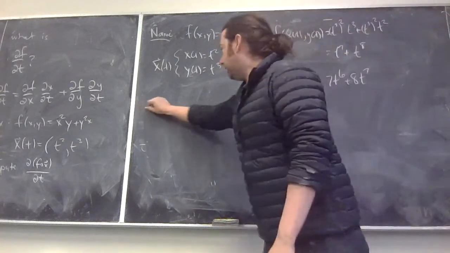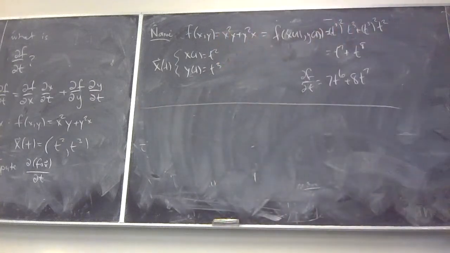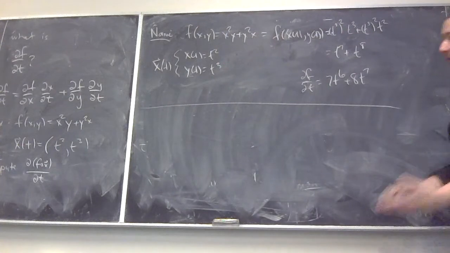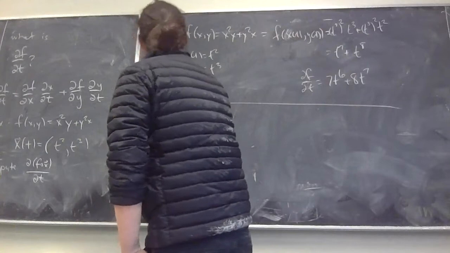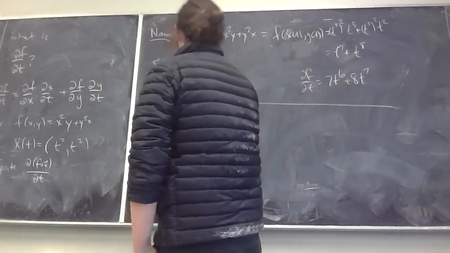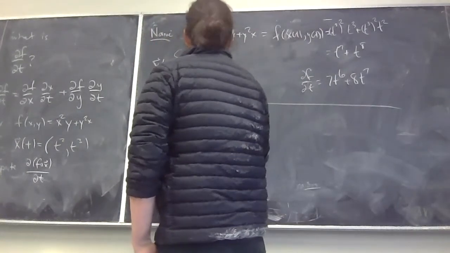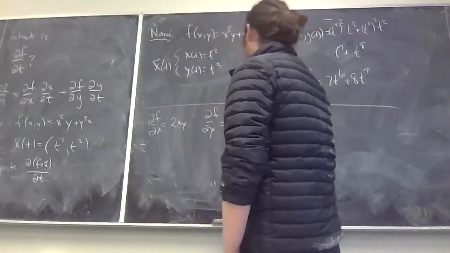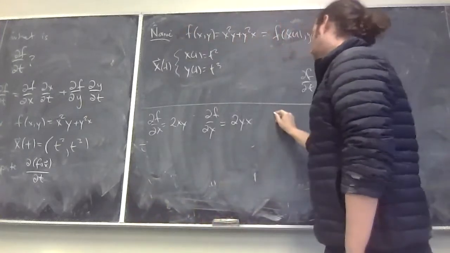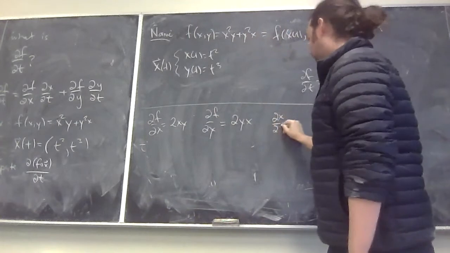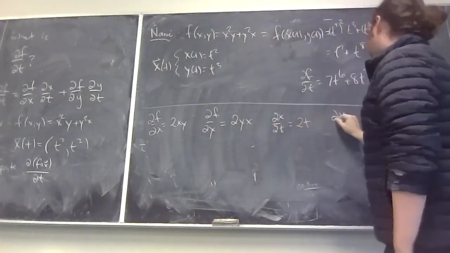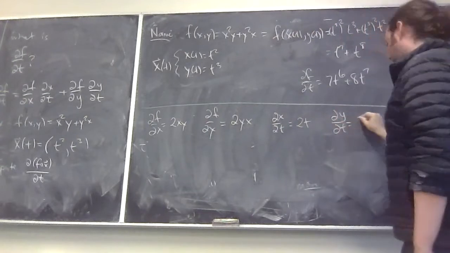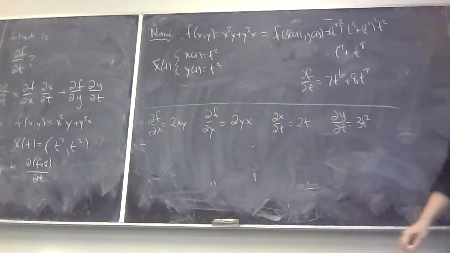The idea is that plugging in starts to get remarkably inefficient when we get more variables. So the other way to do it would be like this. Df dx is equal to 2xy, and df dy is equal to 2yx. And dx dt is equal to 2t, and dy dt is equal to 3t squared.